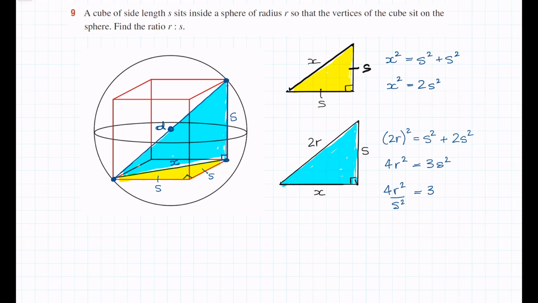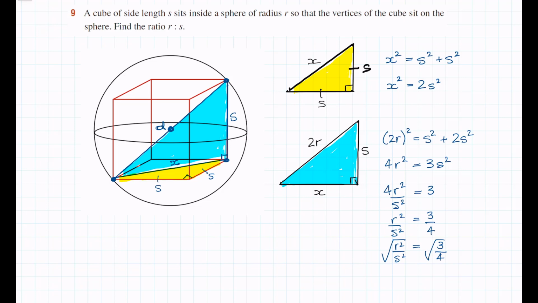And then I'll divide both sides by 4, and we'll be left with r squared over s squared equals 3 over 4. Then I'll take the square root of both sides. So the square root of r squared over s squared equals the square root of 3 over 4.